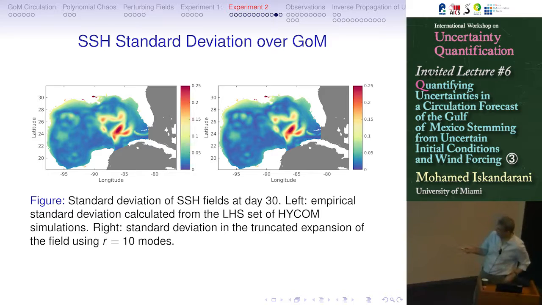This is what you get from this decomposition. Because we had a large ensemble, we could compute the empirical standard deviations, and they look pretty close. So this is an absolutely reliable way of doing things.